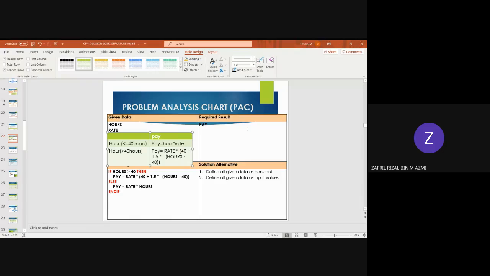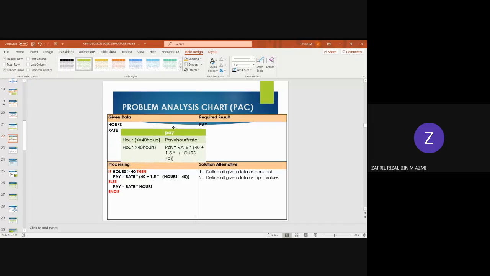The current result is still the outputs, and the rest is similar. The one thing that is different in the PAC: if the problem involves a decision, you put the inputs and also the related table in the given data.